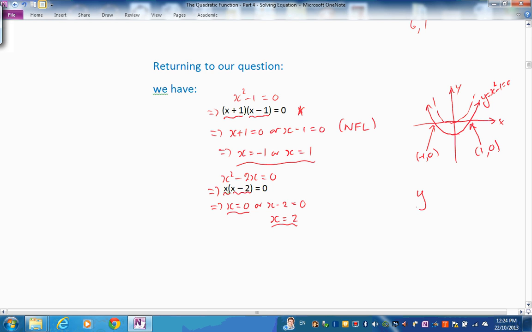Well, let's draw the graph of y equals x squared take 2x. Oh, this is hard. Why don't we use what we've just found? I don't know what that looks like because it's not in an easy form, but we know its x-intercepts. x is 0 there, and x is 2 here.